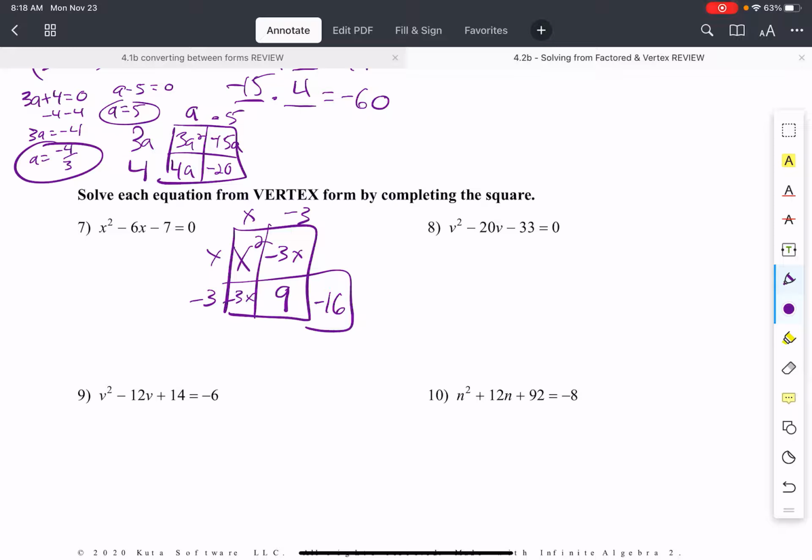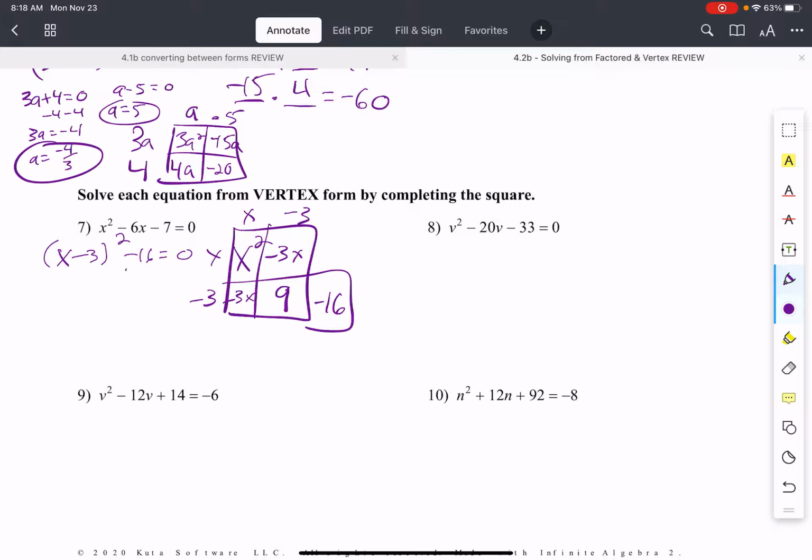Okay, so then my vertex form, what we reviewed last class, would be this, right? And I'd be done. But this time we're reviewing what to do with that extra piece. Solve. What do I do first? Plus 16.